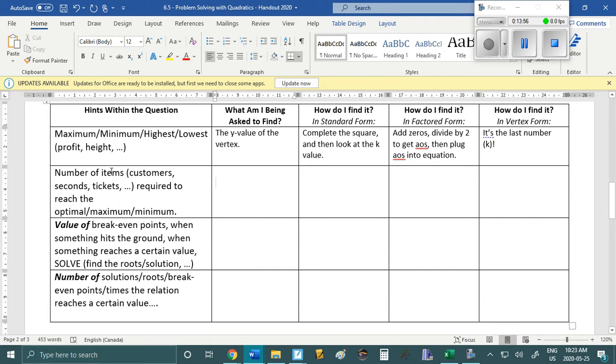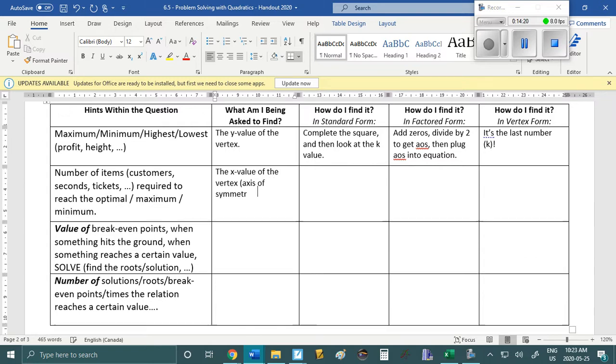All right. Number of items, customers, seconds, or tickets required to reach the optimal, maximum, or minimum. If I'm asking how many items you need to reach the max, that is the x value of the vertex, or the axis of symmetry. In standard form, again, pause and try this out.